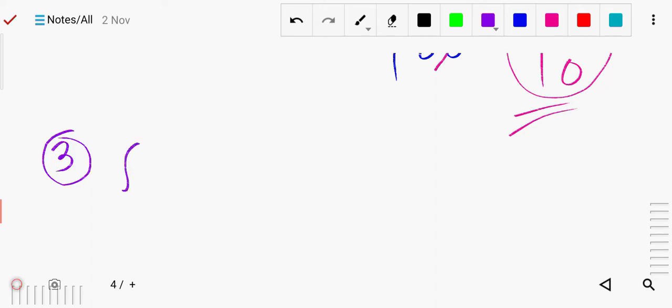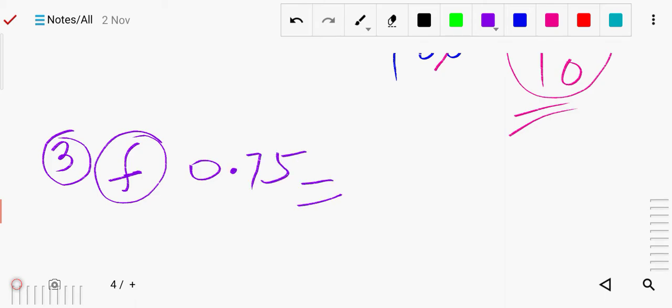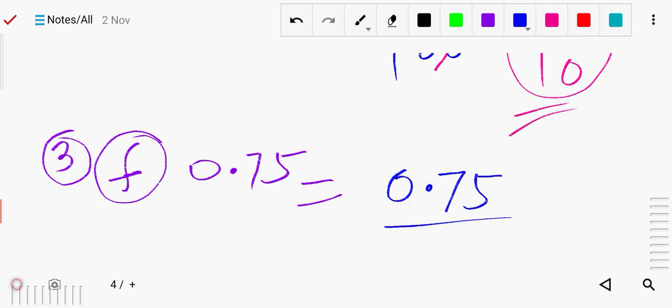Some more questions from question number 3. We solve part F, which is 0.75. How will you solve? Same process: write 0.75 here, draw one line, and remove this point. When you remove the point, 1 will come. Now after this point you count, 2 digits are there, so write 2 zeros.